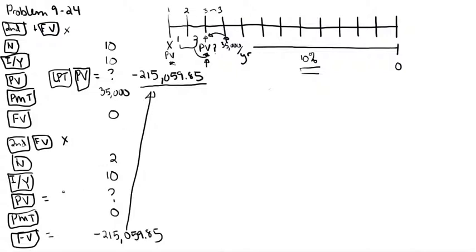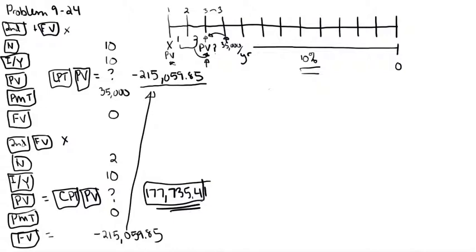We're going to compute present value here. And we get 177,735.41.